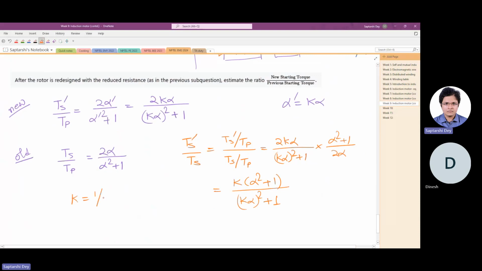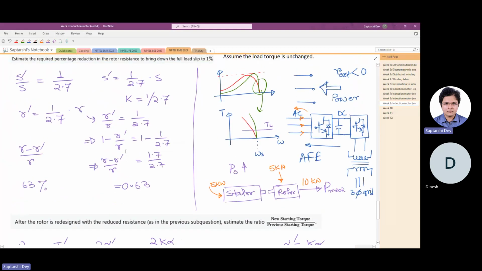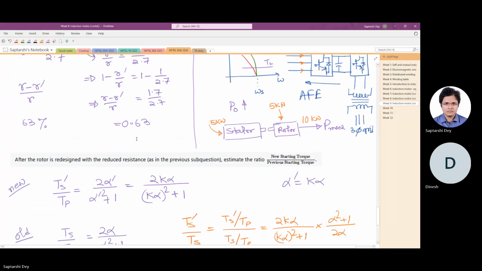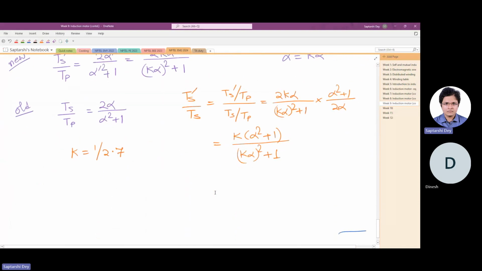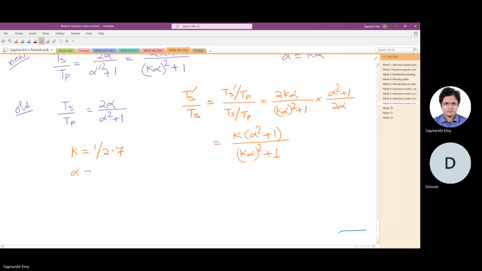K is 1 by 2.7 and alpha is 0.268. So substituting the values should give the final answer.